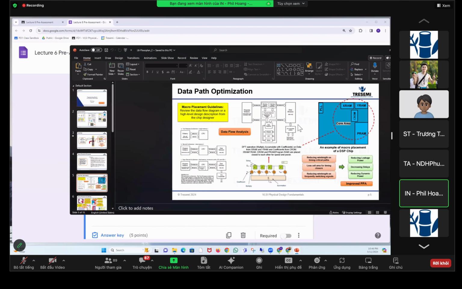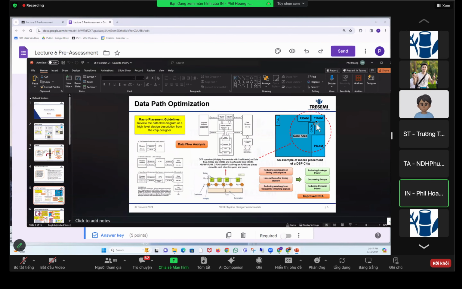Here is an example. This DFT is really timing critical, meaning in a DSP chip, that's the timing critical path. So you want all the blocks to be close together, including the arithmetic units over here, so the signal doesn't have to travel far. It can reduce the delays. That's part of the floor planning, so placement of these things affects the timing critical paths.